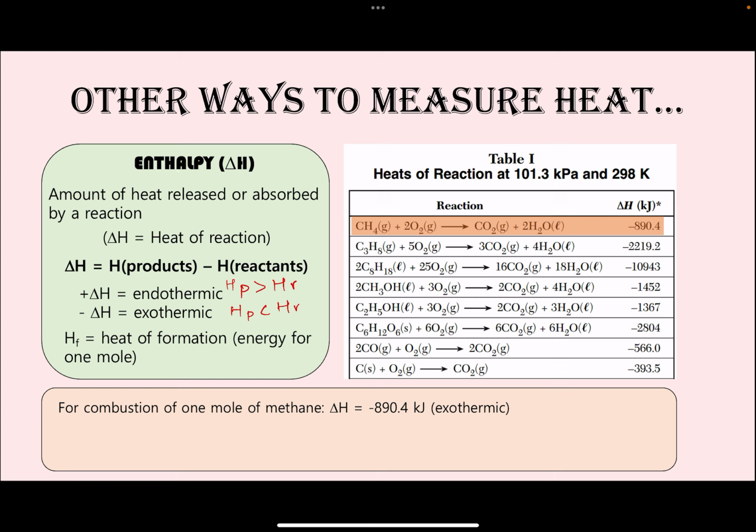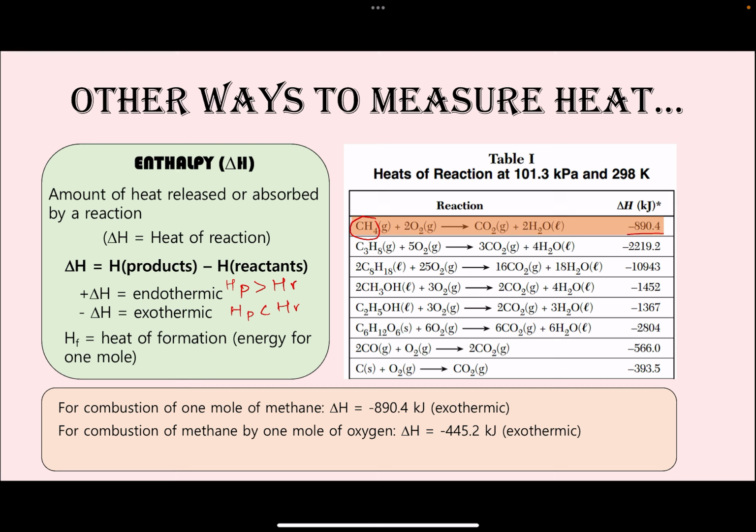So let's focus on the first reaction given to you in Table I. This equation is for the combustion of 1 mole of methane, and this is the delta H: negative 890.4 kilojoules. Because it's a negative number, that tells you that the reaction is exothermic, meaning heat is released by the system.